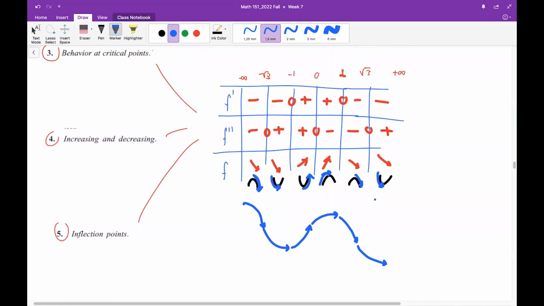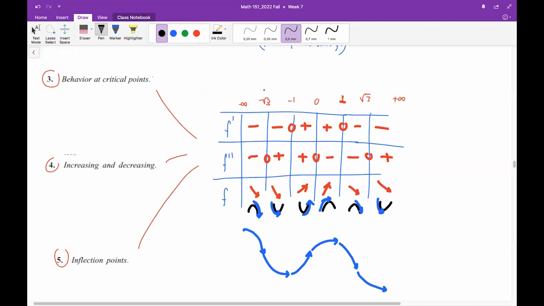Also, at this sign table, we can detect the behavior at the critical points. For example, at minus square root 3, you see second derivative is 0 and it changes its sign. That's why you can call this point an inflection point. Why? Because second derivative is 0 there and it changes its sign. Next, at x equals minus 1, what happens?